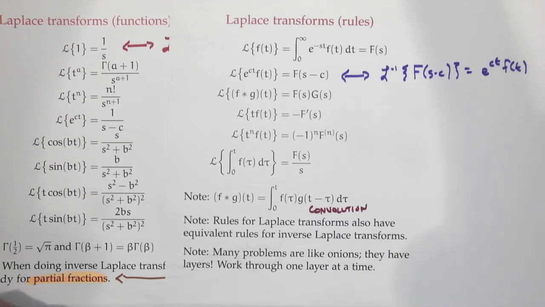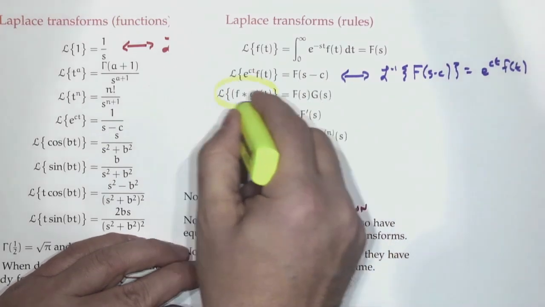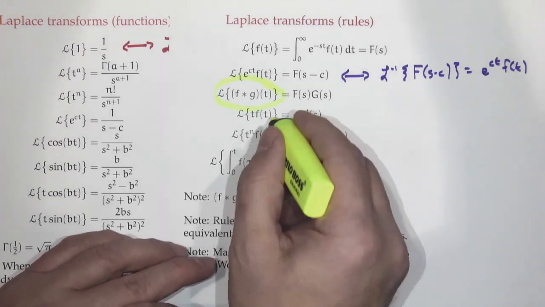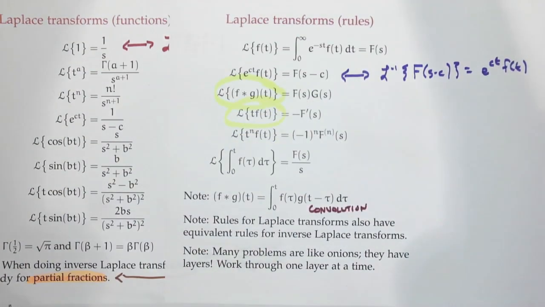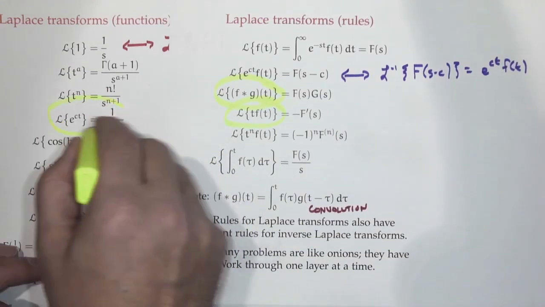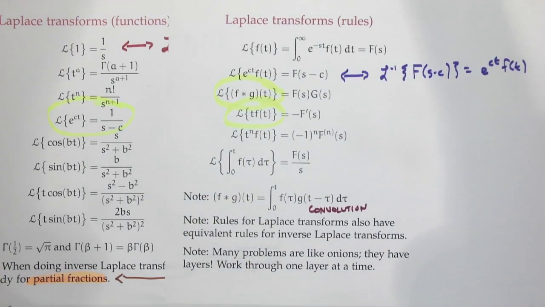Convolution. Okay, someone said convolution. Any other rules that you like? Oh, okay. Throw in a derivative rule. Any others? Pick some functions over here. All right, e to the ct, and one other function.